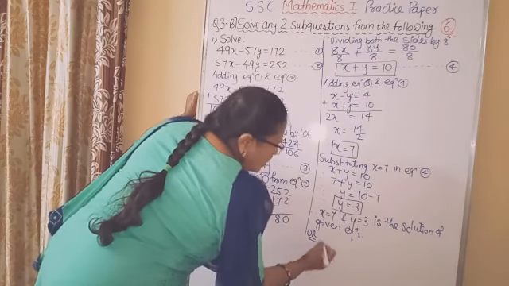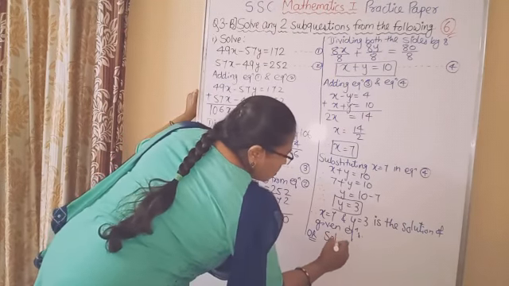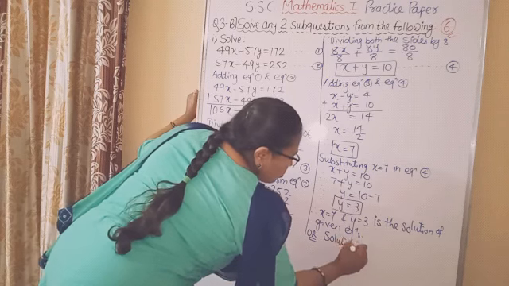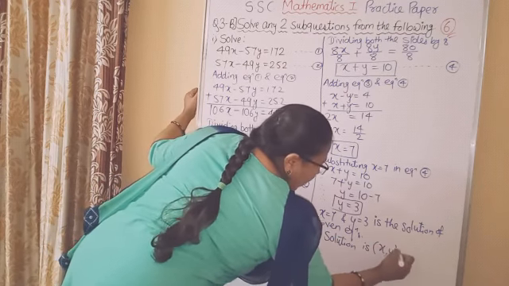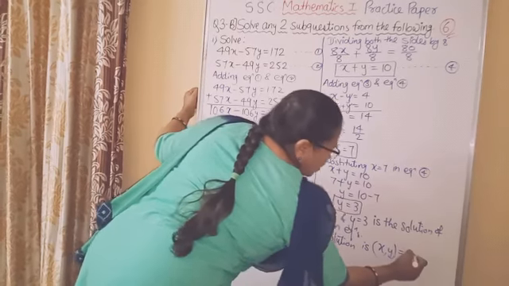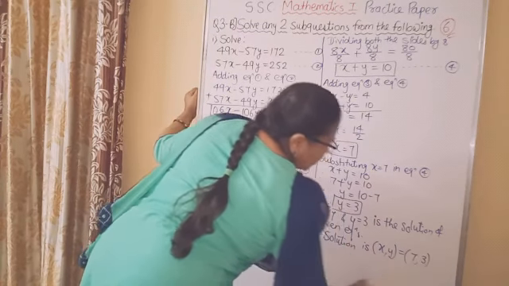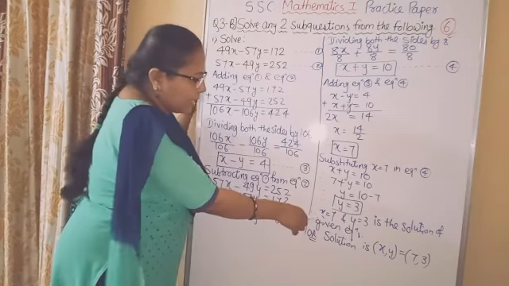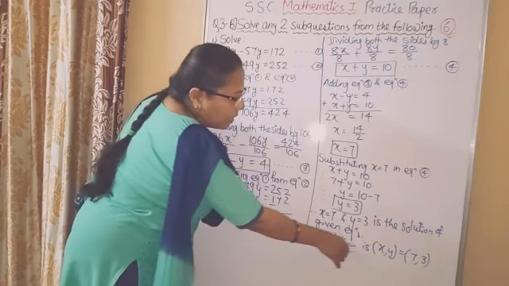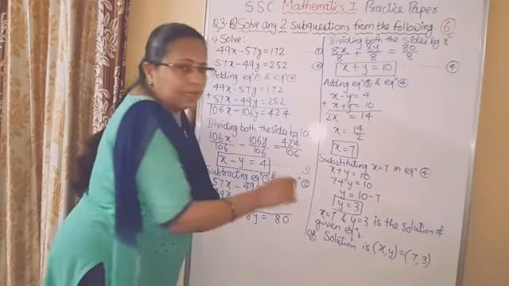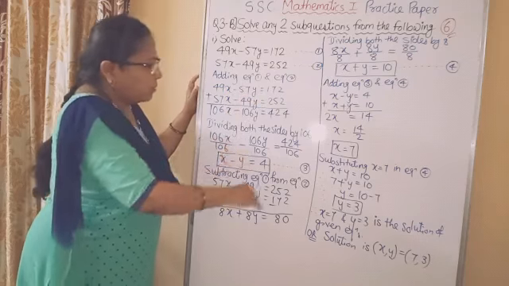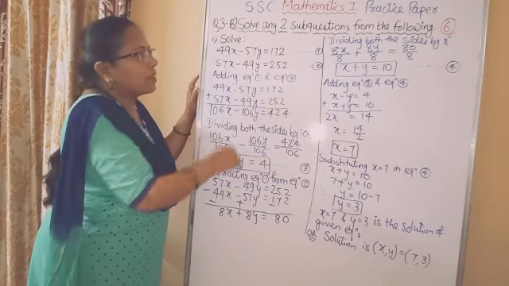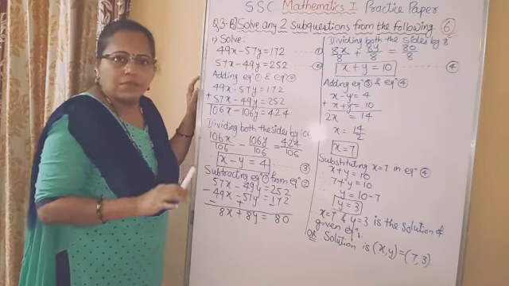You can write the answer this way also. Solution is bracket x comma y equal to 7 comma 3. Either you can write it in a full statement or you can write it in this way. But the answer is necessary. Follow? So here we completed the solution. This sum came for 3 marks.